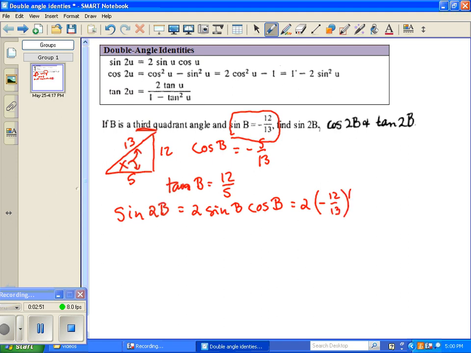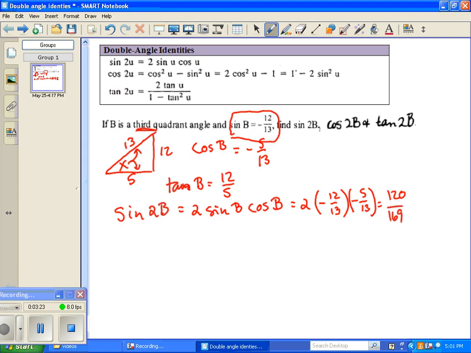Cosine, we just found, is negative 5 over 13. Now multiply out those fractions. So multiply the numbers on the top, 2, 12, and 5. That gives us 120 on top over, now on the bottom, 13 times 13, 169. Now it's not negative anymore because we have 2 negative numbers multiplying. So this would be the answer to sine of 2B.